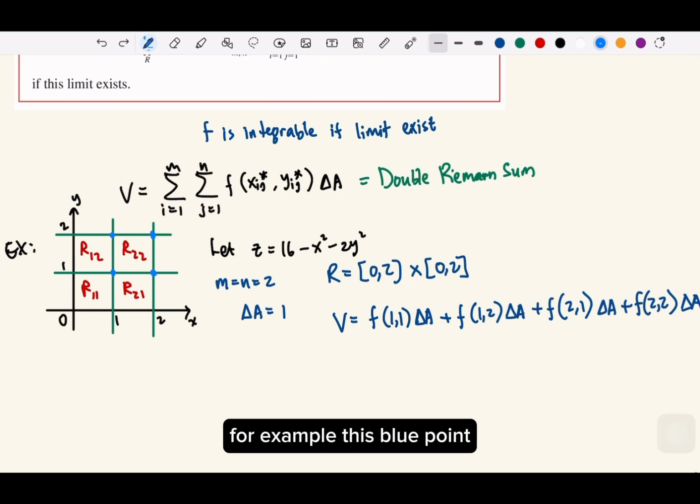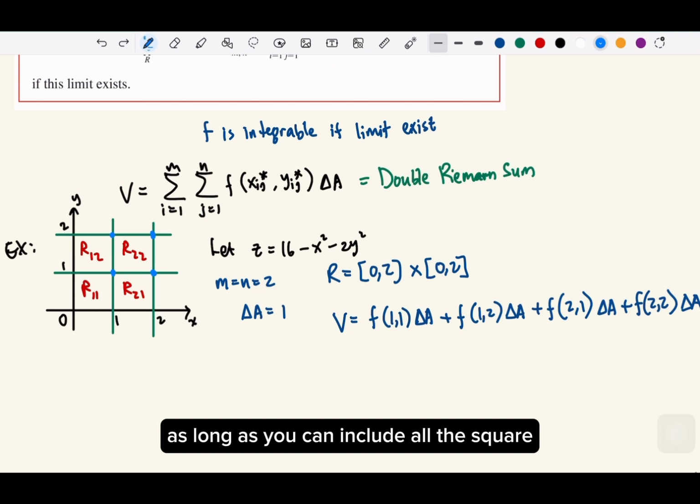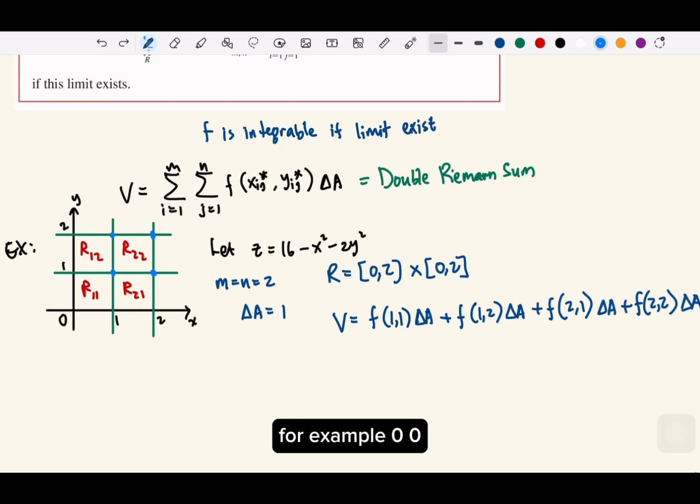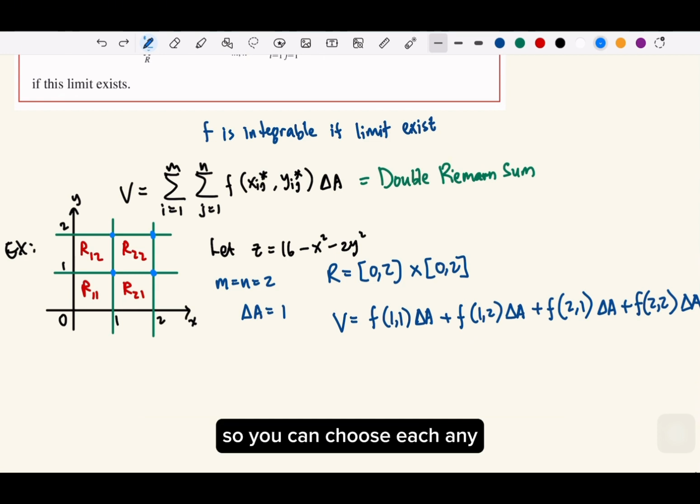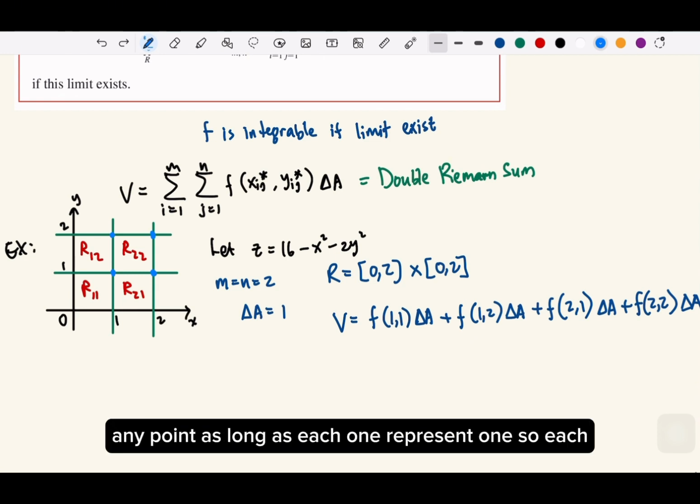For example, this blue point, R12 has this, R11 here, R21 here, R22 here. You can try different points as long as you can include all the squares. For example, 0,0, 0,1, 1,0, and then 1,1. This also can be implemented, here also, and this also.